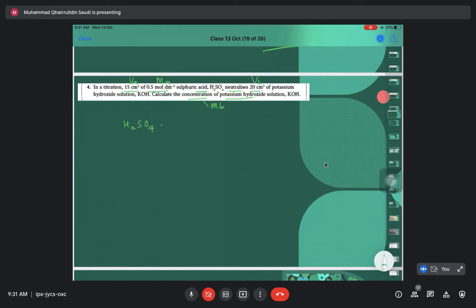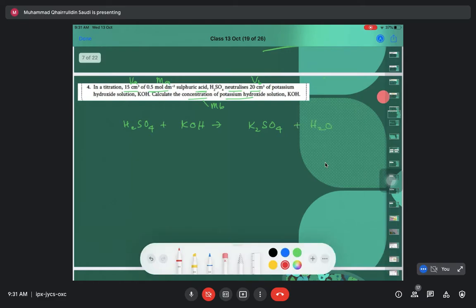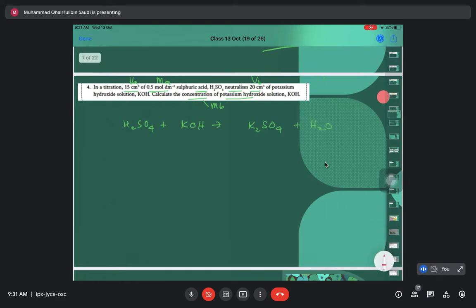Potassium hydroxide, we will have potassium sulfate plus water. Balance. 2 hydrogen, 2 hydrogen. 4 now. 2 there, 2K. Next. So A is 1, B is 2.